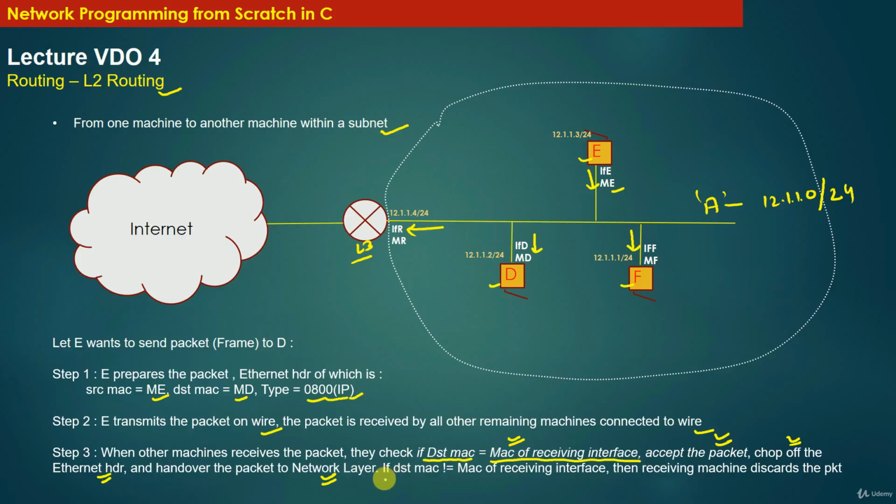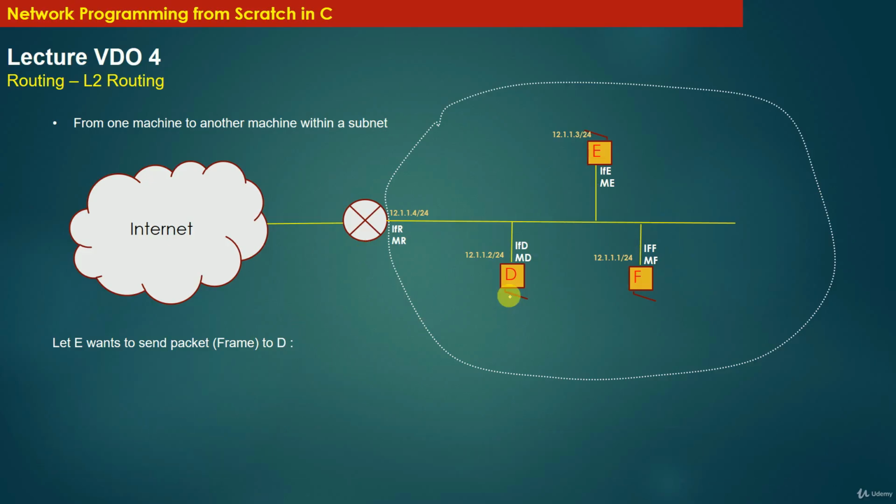The second case is that the destination MAC address specified in the packet is not equal to the MAC address of the receiving interface. If this condition is true, then the machine silently discards the packet. Applying this rule, machine D will accept the packet because the destination MAC address specified in the packet is MD, whereas machine F rejects the packet.